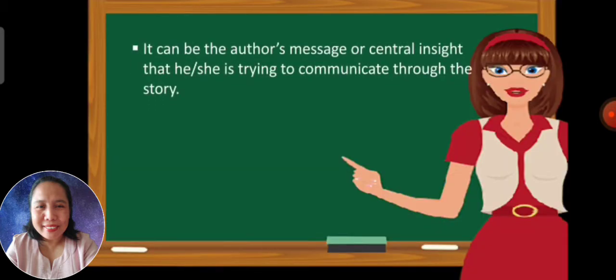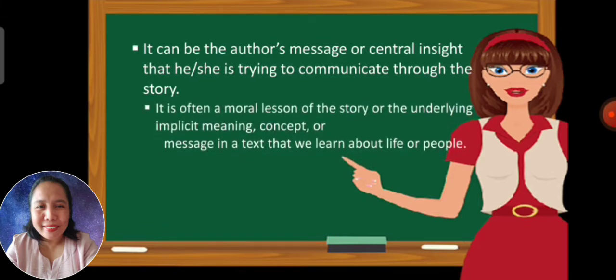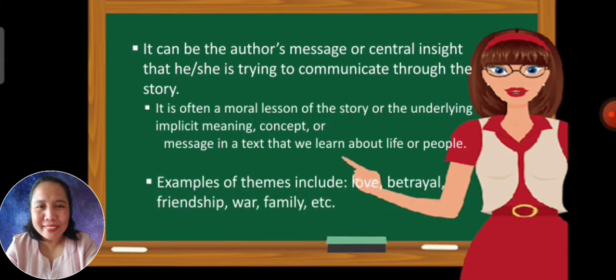Or it can be the author's message or central insight that he or she is trying to communicate through the story. Or it is often a moral lesson of the story or the underlying implicit meaning, concept, or message in a text that we learn about life or people. Examples of themes include love, betrayal, friendship, war, family, and others.